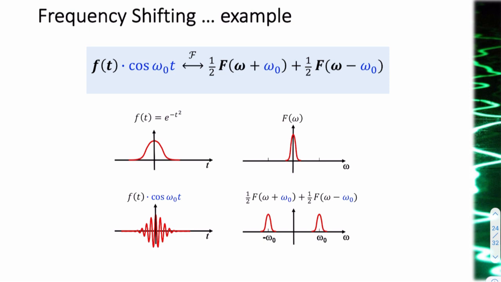So by multiplying by a cosine, your spectrum is split into two and shifted to the right and to the left. That might be clearer once we start looking at convolution. You can then visualize it as a convolution with the spectrum of the cosine signal. But for now, think of it the way it's being presented. After we've looked at the convolution theorem, this might make a little bit more sense.